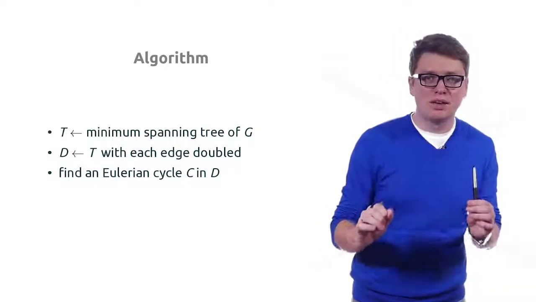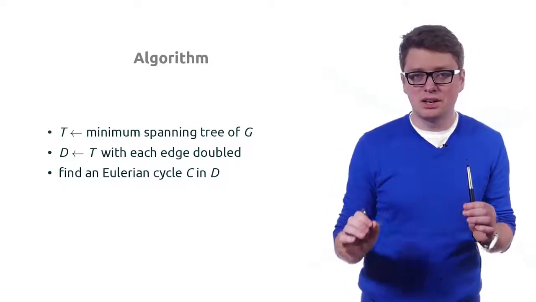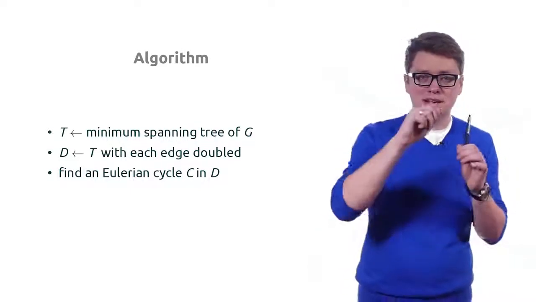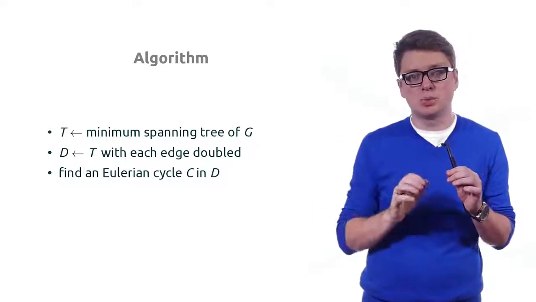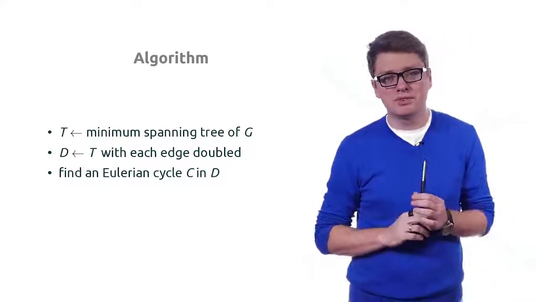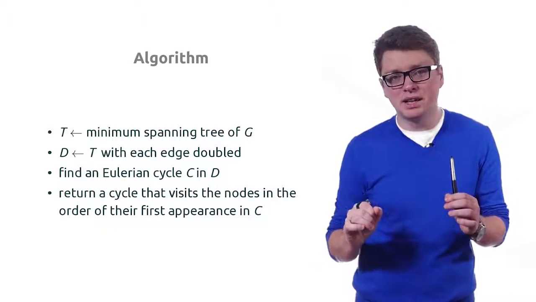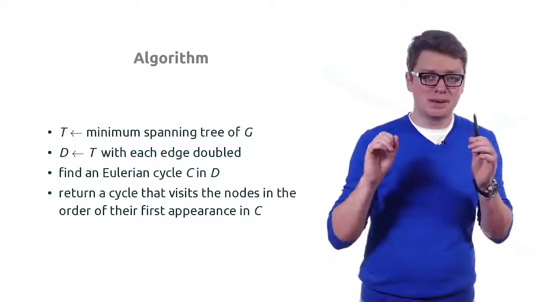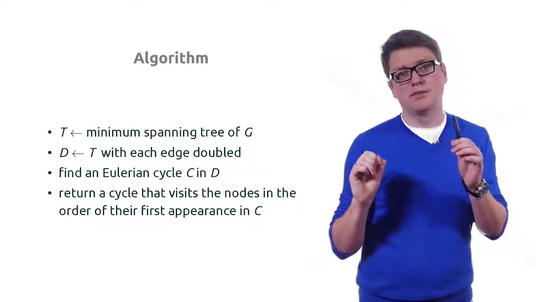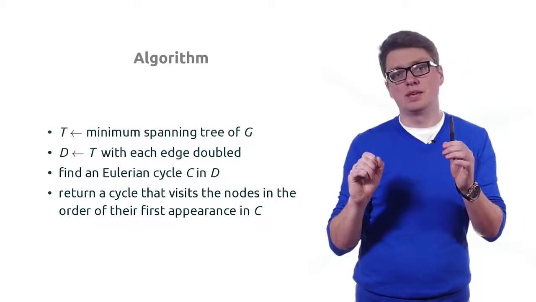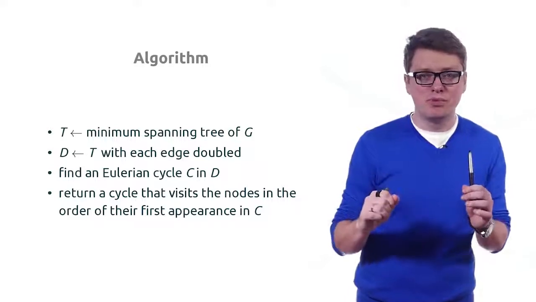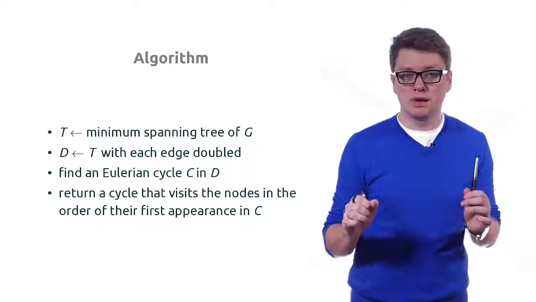So in this graph we can find an Eulerian cycle. This cycle visits all the edges that we currently have in our graph D. Then we just return a cycle that is obtained from the cycle found in D by removing all the repeated nodes.